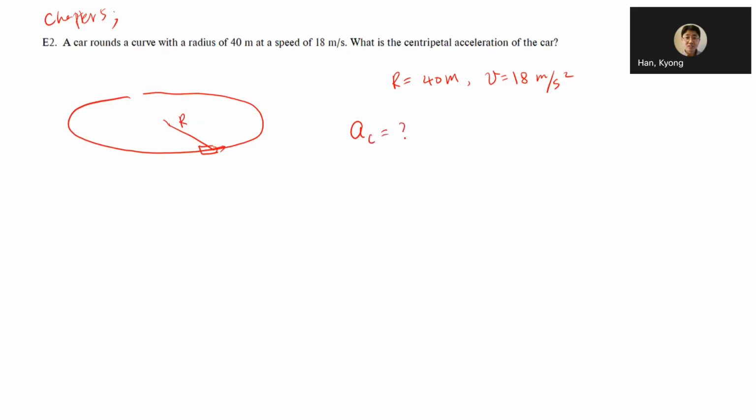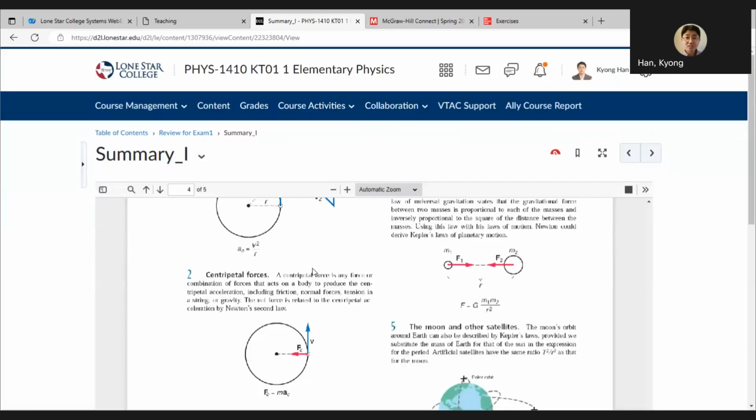What is a_c? You can see here on D2L, the centripetal acceleration a_c equals v squared over r.